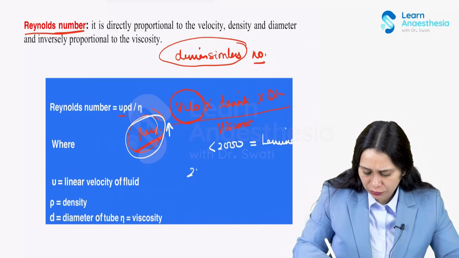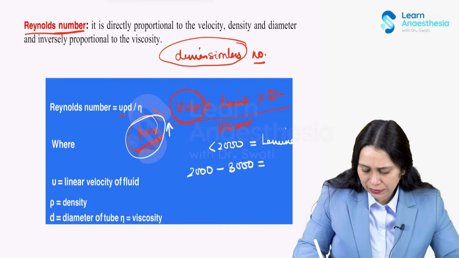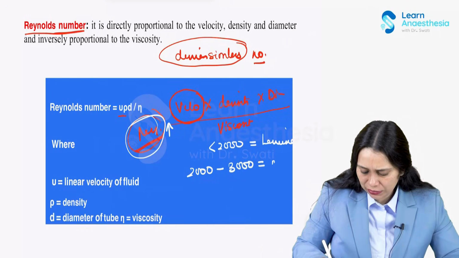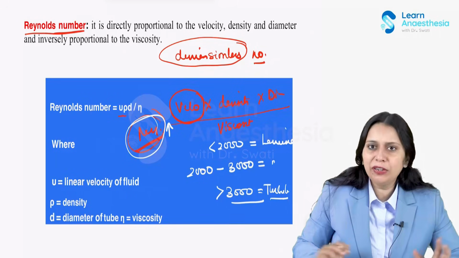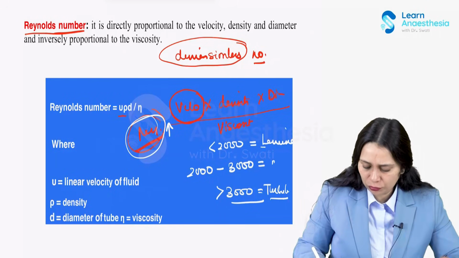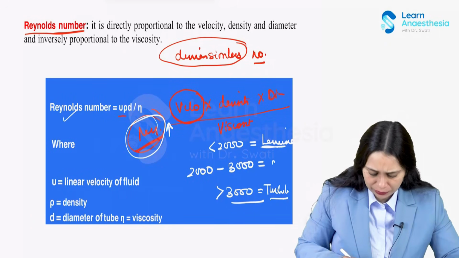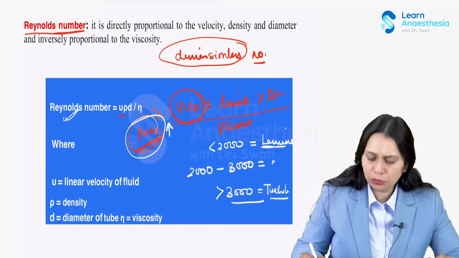If it is between 2000 and 3000, the flow could be laminar or turbulent. And if it is more than 3000, then the flow becomes turbulent. We don't like the turbulent flow. We want the flow to be laminar. So to maintain the flow to be laminar, we need to keep the Reynolds number on the lower side.